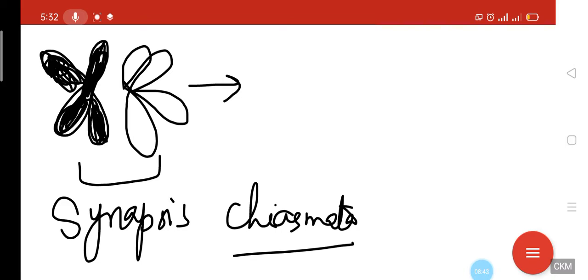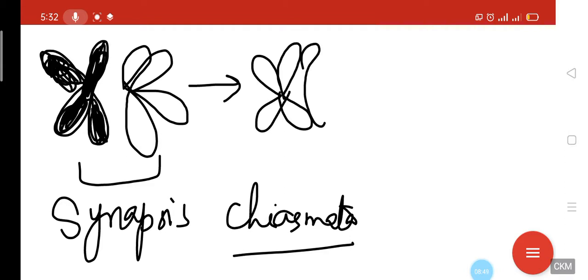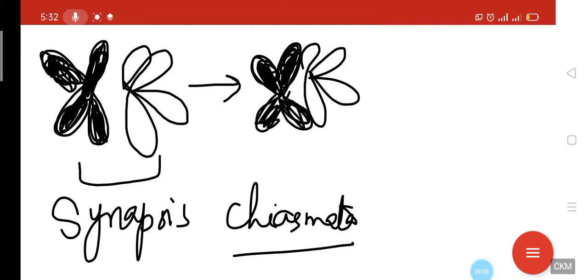In chiasmata, the non-sister chromatids join with each other at some specific points, and this joining of the non-sister chromatids is known as a chiasmata.